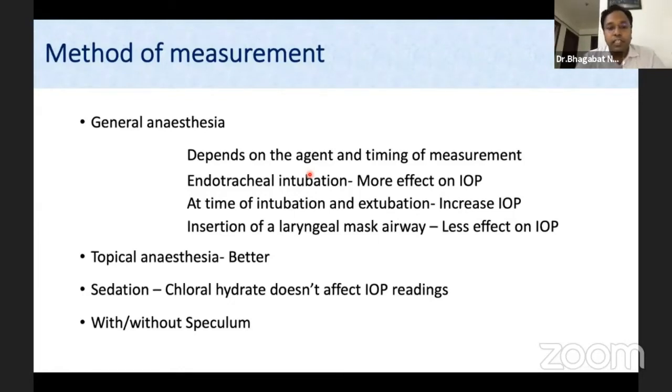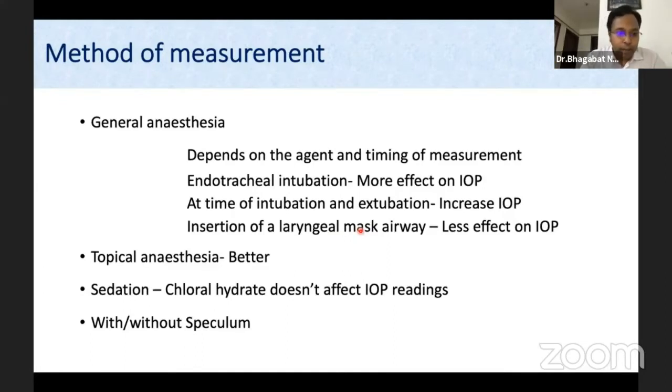Just after sedation and before intubation is the ideal time to measure IOP. Then you can measure the corneal diameter and do the fundus evaluation. Remember that at intubation and extubation, the IOP increases due to sympathetic overactivity, and endotracheal intubation has more effect than the laryngeal mask airway, LMA. So if possible, LMA is better than endotracheal intubation.